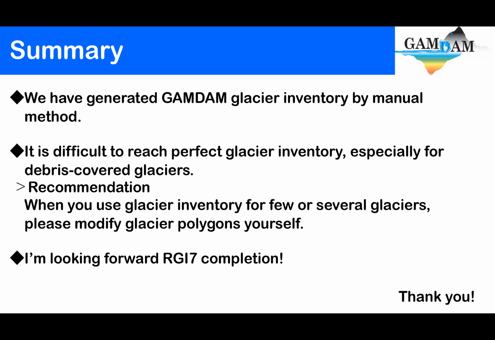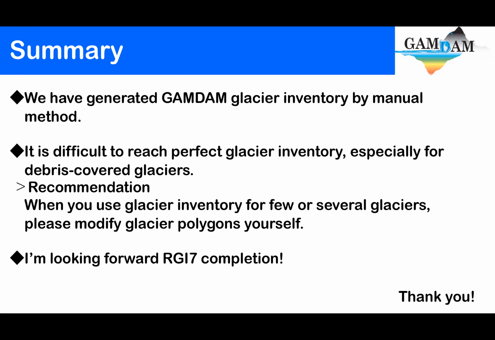So in RGI 6, Graham Cogley had compiled all the best data sets he found. For example, the Chinese glacier inventory, the second one, had been used for a large part, and then different inventories from all kinds of sources, for example GAMDAM 1, and also ICIMOD inventories and some other colleagues.